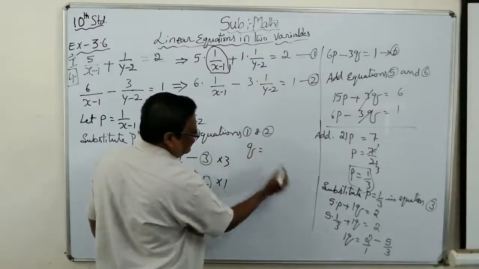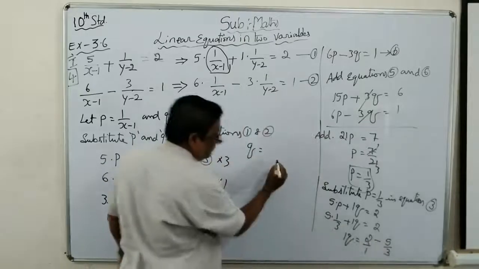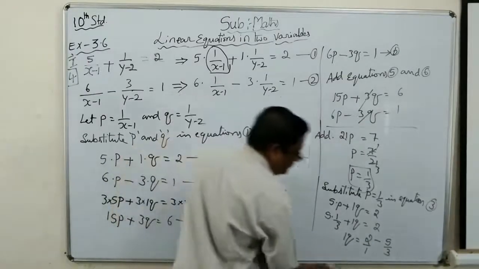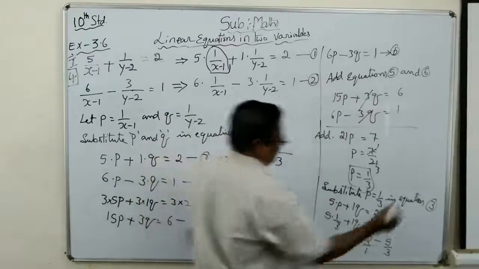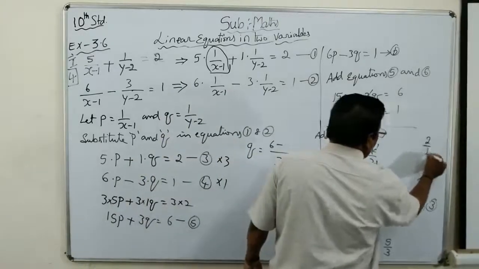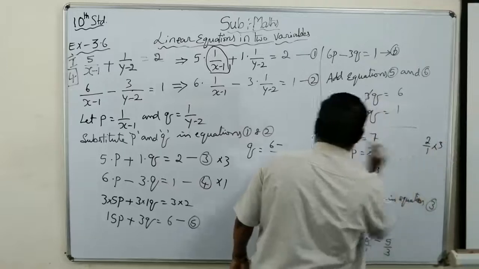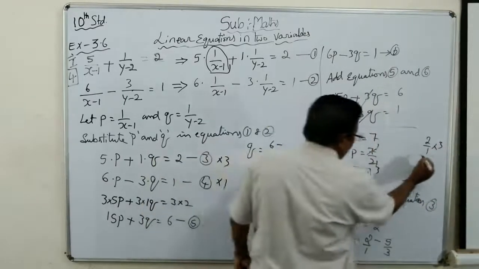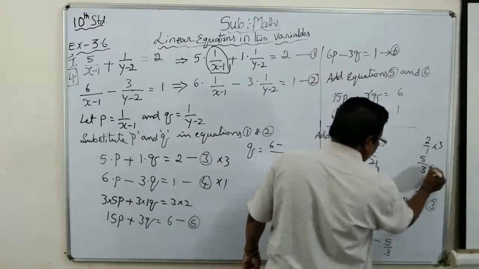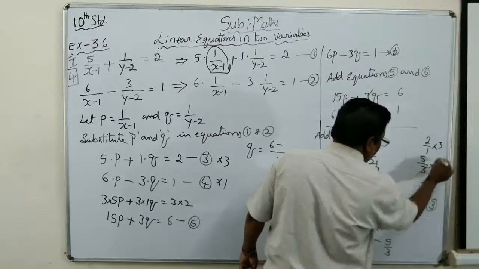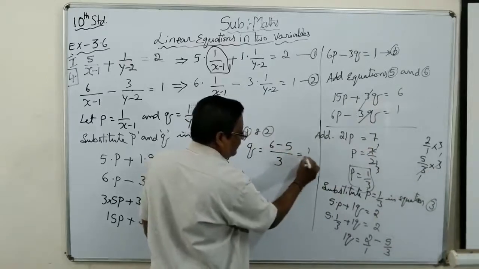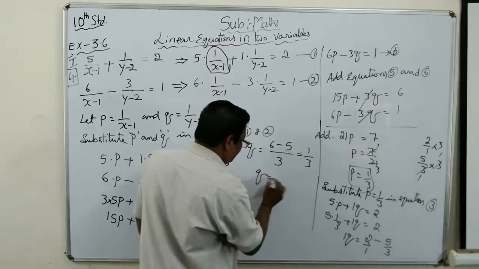Q is equal to, LCM is 3, 2 by 1, LCM is 3, 3 twos are 6, minus the second fraction, 5 by 3, 3 and 3 cancelled, 5. 6 minus 5 is nothing but 1 by 3. Q value is equal to 1 by 3.